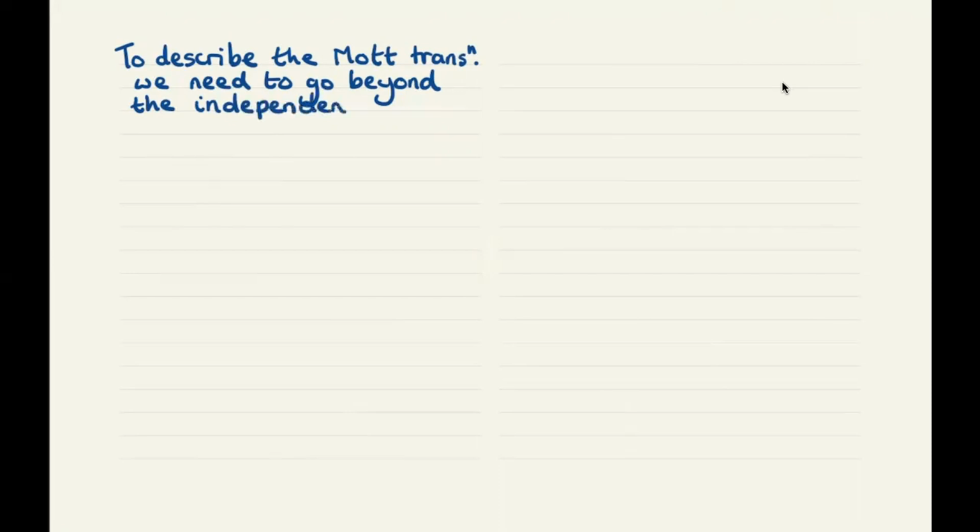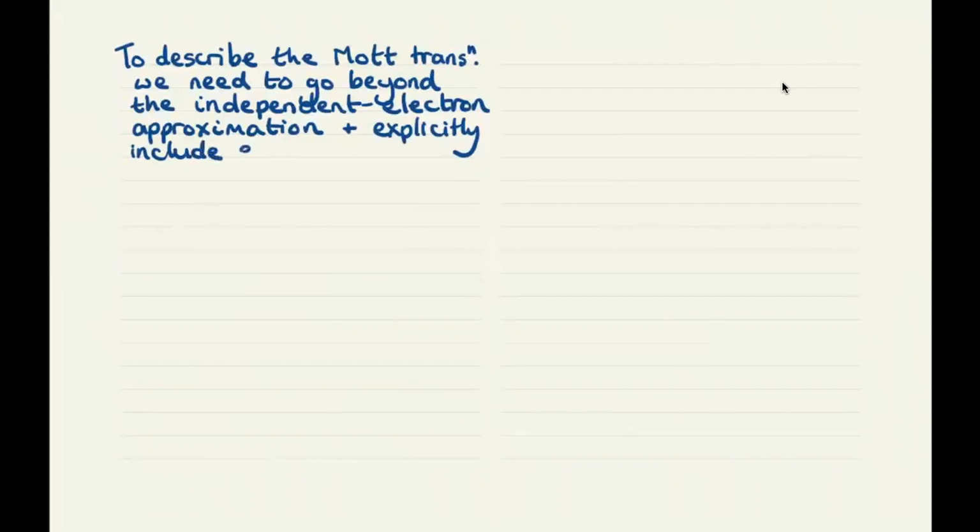So we need to go beyond this so-called independent electron approximation. And we need to explicitly include interactions between the electrons, and particularly the electron-electron Coulomb interaction.